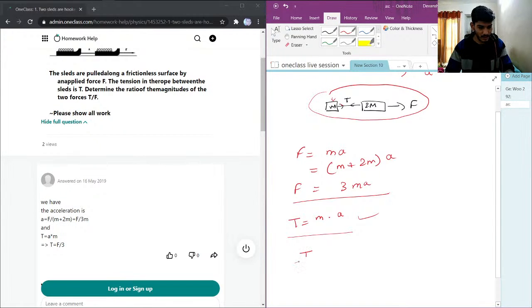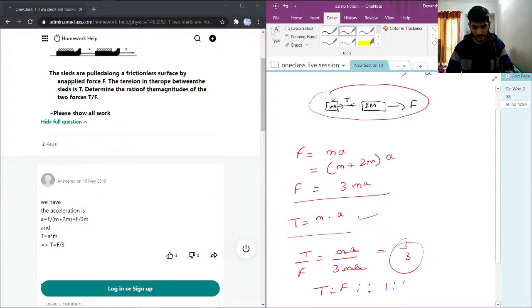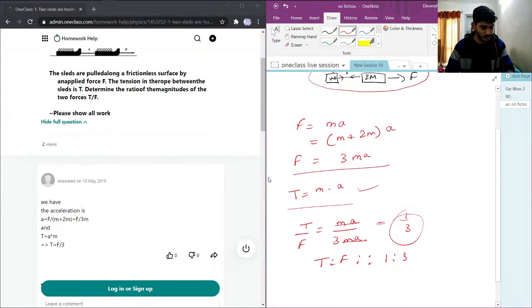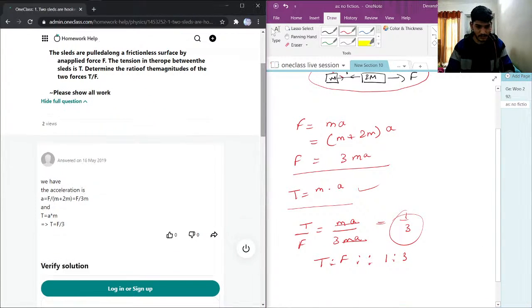We need to find T over F, which will be ma over 3ma. This can get cancelled and it will be 1 over 3. So T is to F is 1 is to 3. So here also T is F over 3. So correct.